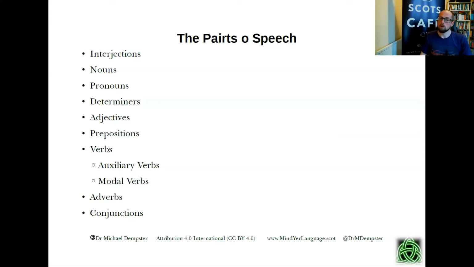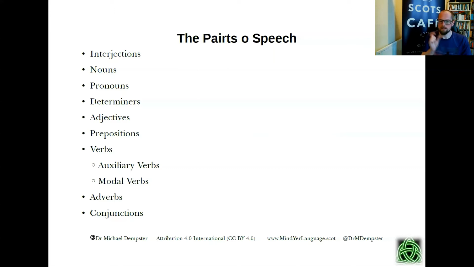Then we'll have a look at pronouns, determiners and adjectives. These are words that are associated with nouns and give you more information about the noun. A pronoun can be used in place of a noun, so that's an example of pronouns.